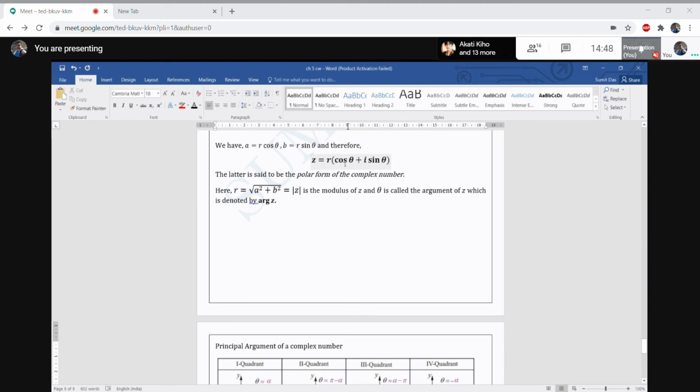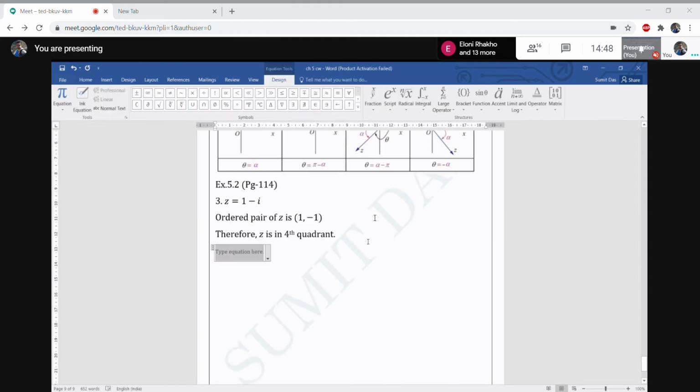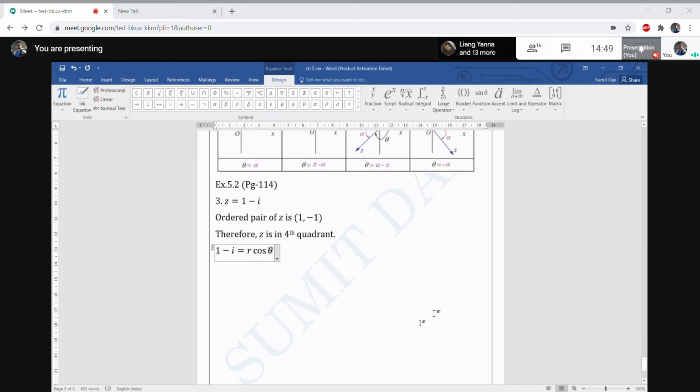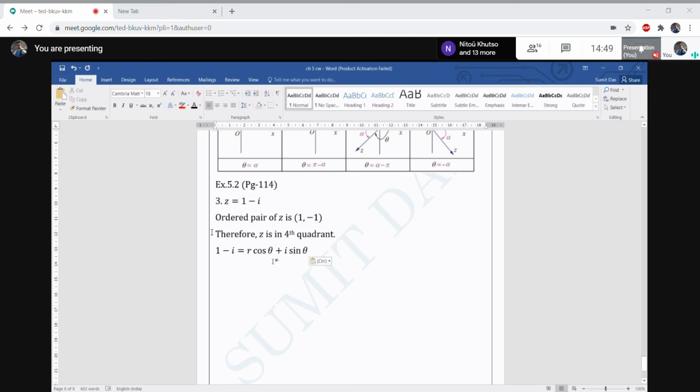We have to write 1 minus i equal to Z, equal to r cos theta plus i sin theta, and then we have to compare.